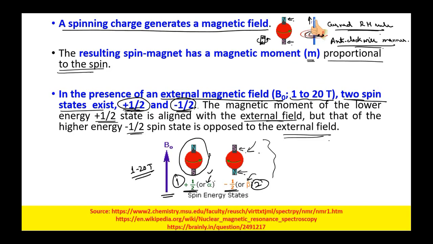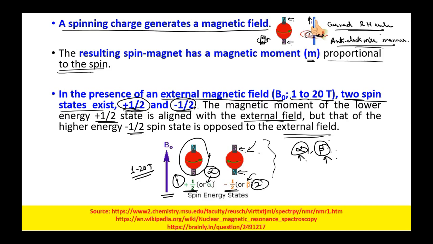The probability of occurrence of the alpha state is higher. When we apply a magnetic field, there are transitions where we get alpha and beta states. Okay, energy states. Now alpha is the low energy state and beta is the high energy state.